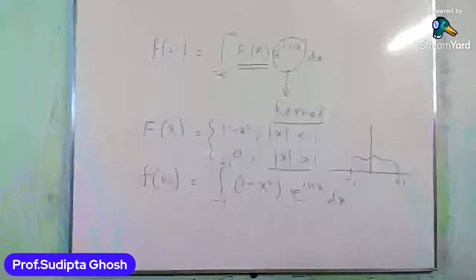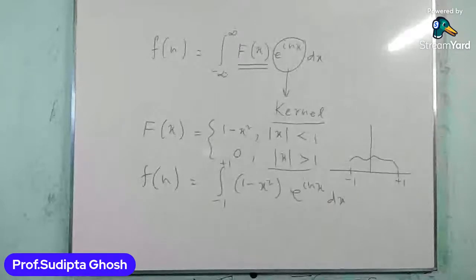So now we have to perform the integration from this step. We can perform this integration by using integration by parts. Keeping 1 minus x square as the first function, because the other function is an exponential one, e to the power i n x should be our second function.